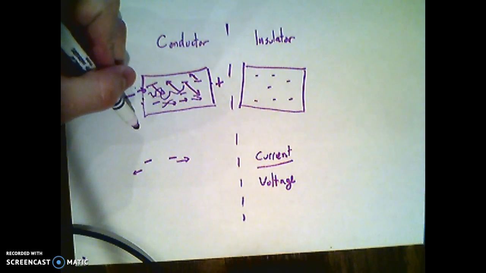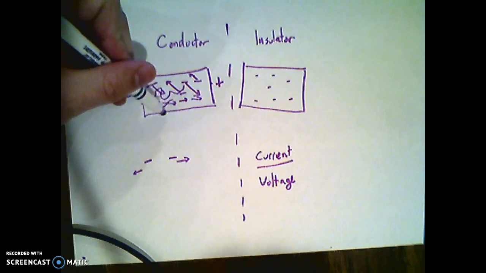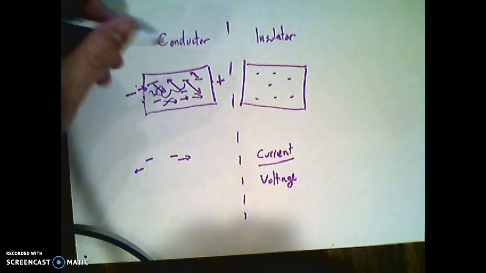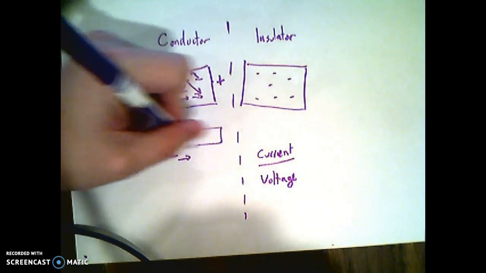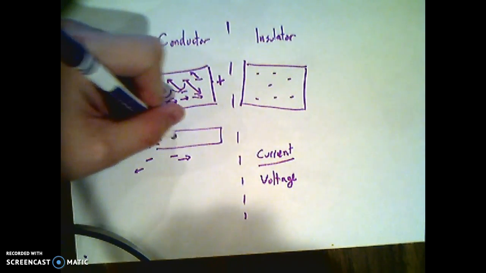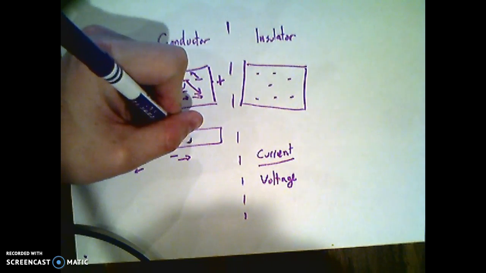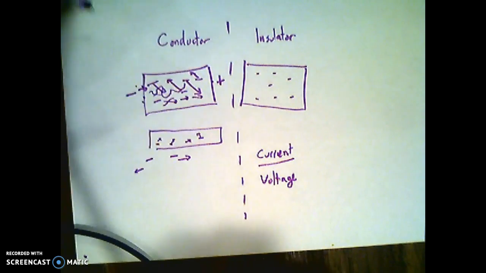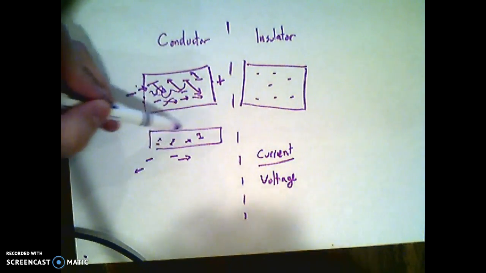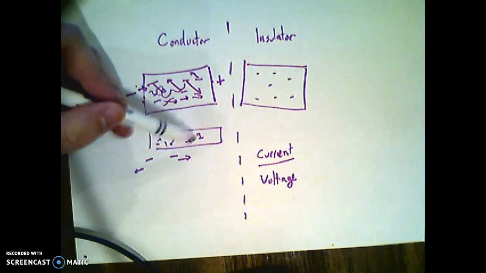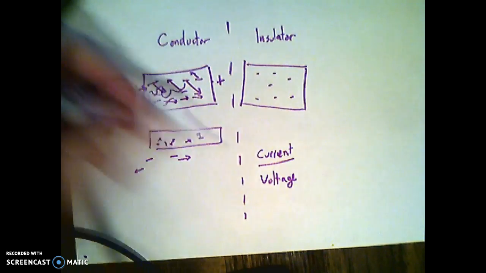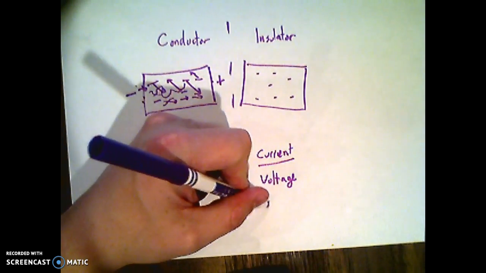Now some materials are easier for electrons to move through than others, and in those other materials, maybe the electrons just don't move quite as fast. Maybe they're still moving, just not as fast. And so whenever we have a material like this, where electrons move more slowly, we say that it has a higher resistance.